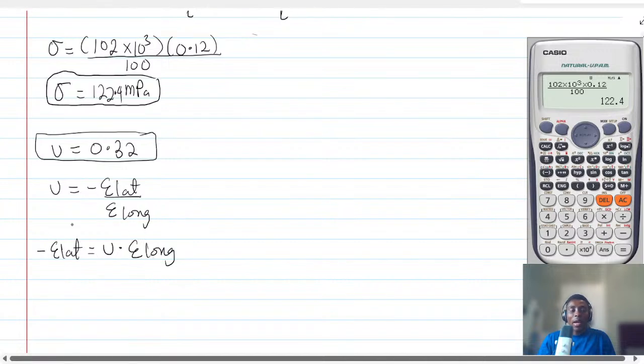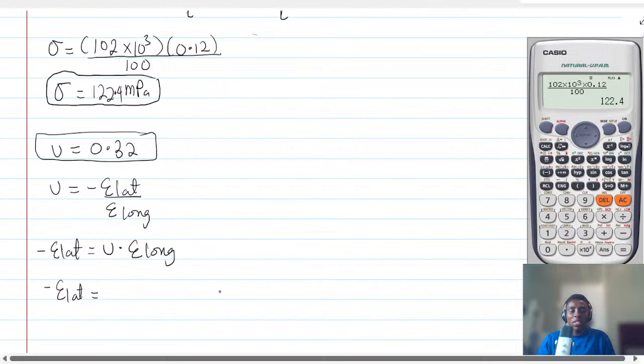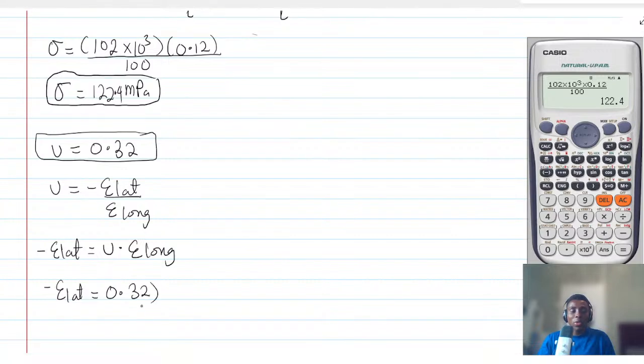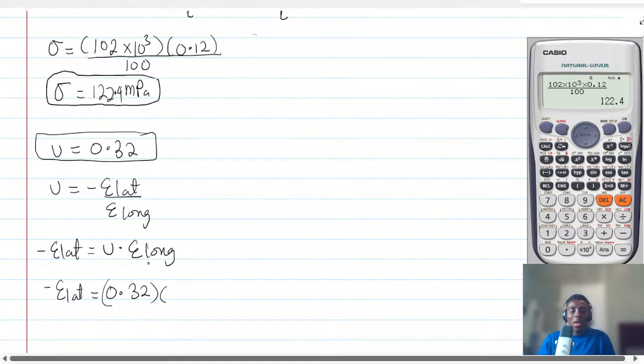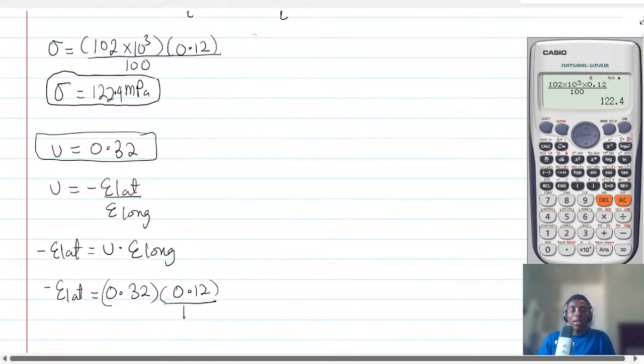Now the longitudinal strain is going to be the change in length over the original length. So the Poisson ratio is 0.32. Then you multiply by the longitudinal strain, which is the change in length over the original length, which is 0.12 divided by 100.